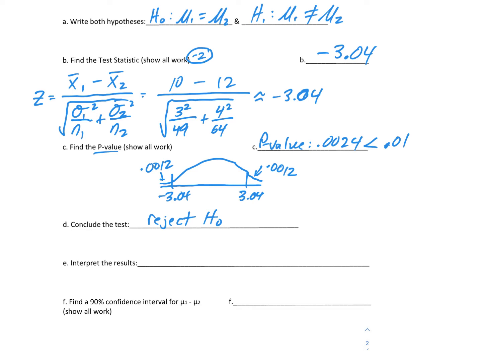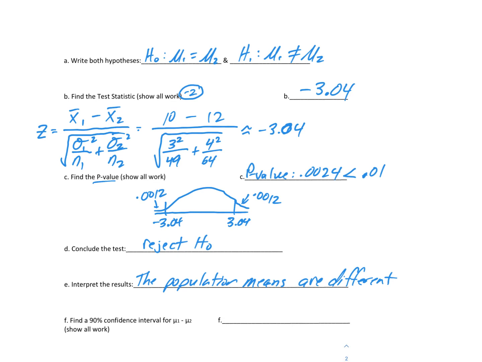So since this one doesn't have any set things, it didn't talk about population, soil, and water content, you simply have to say the population means are different. All right? So if we reject this guy here, that means this guy is true. That means the alternate is the means are different.